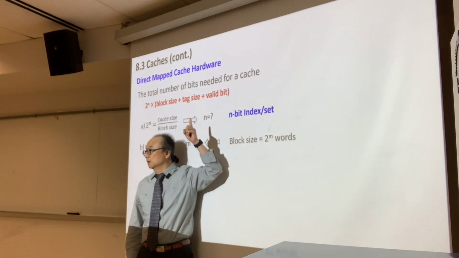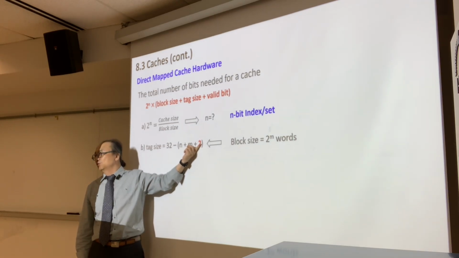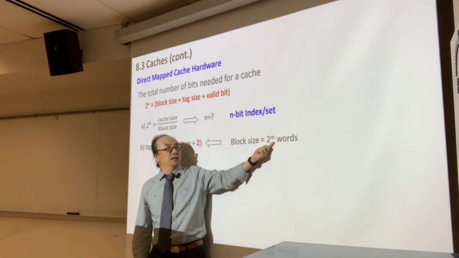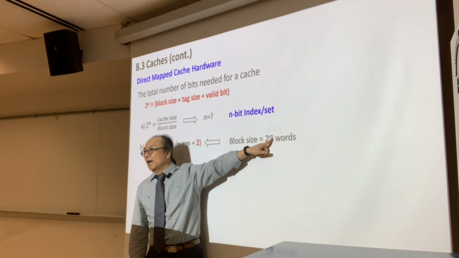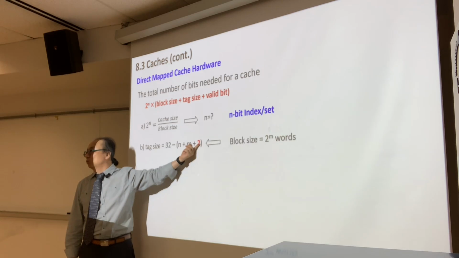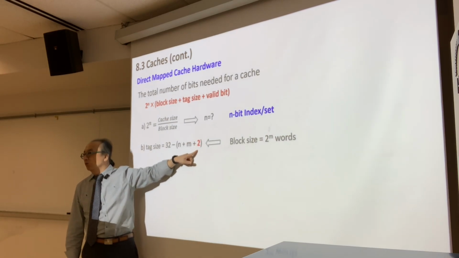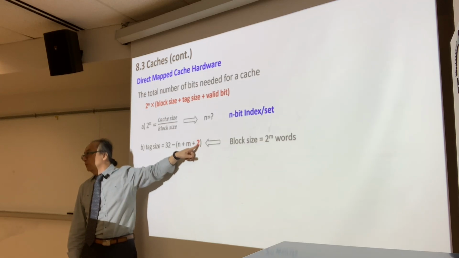It's 1 word. Therefore, this is 0, so the offset is only 2 bits. However, we could have a 2 word block. If a 2 word block, that means 2 to the power of 1. The m value is going to be 1. 1 plus 2, that's 3 bits for the offset. So this m plus 2 will give us the total number of bits for the offset.